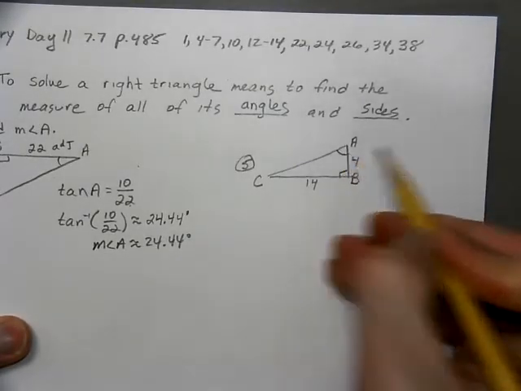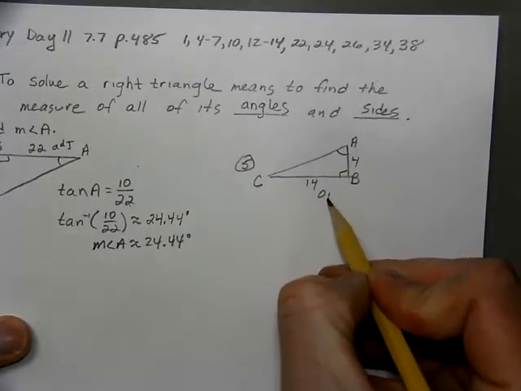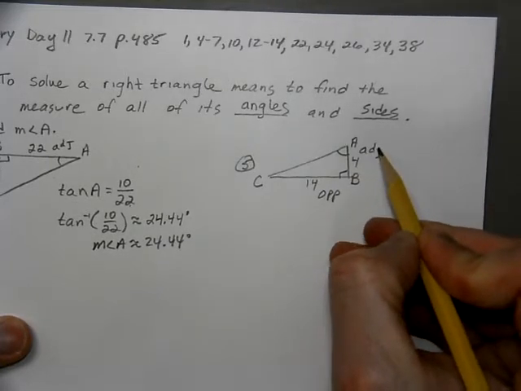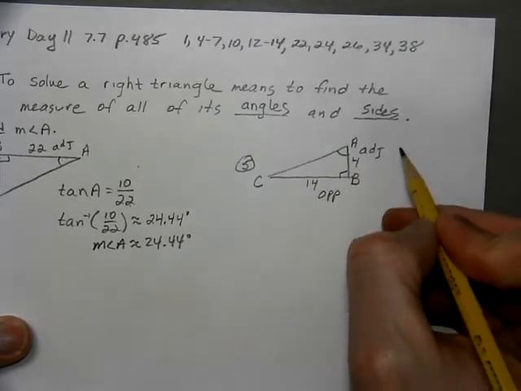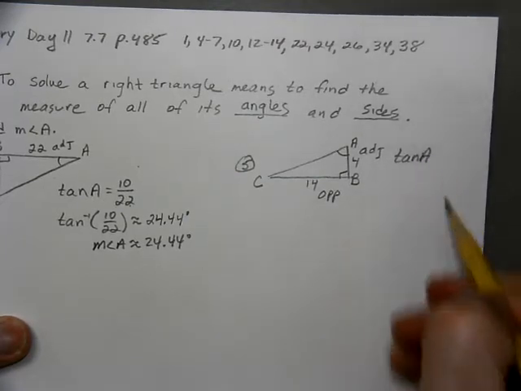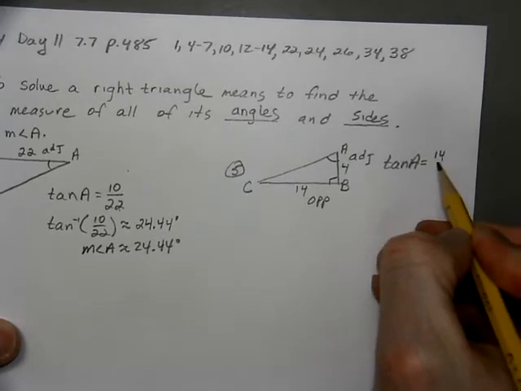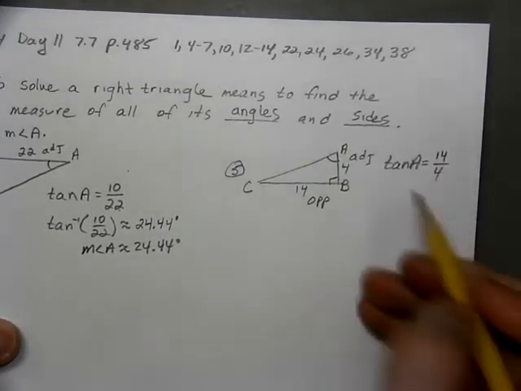Angle A, the side opposite, the side adjacent. So again, we're going to use tangent of A and have that equal to the opposite over the adjacent.